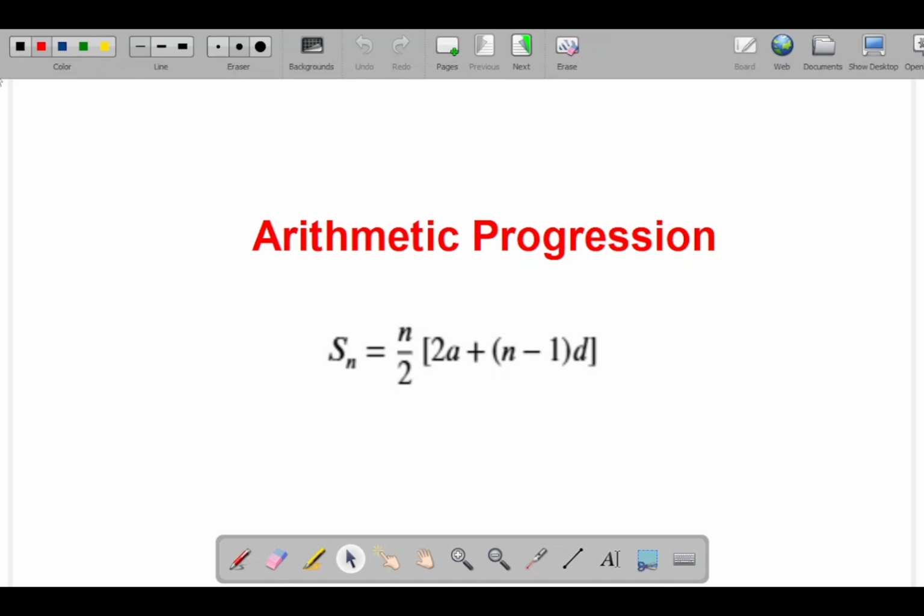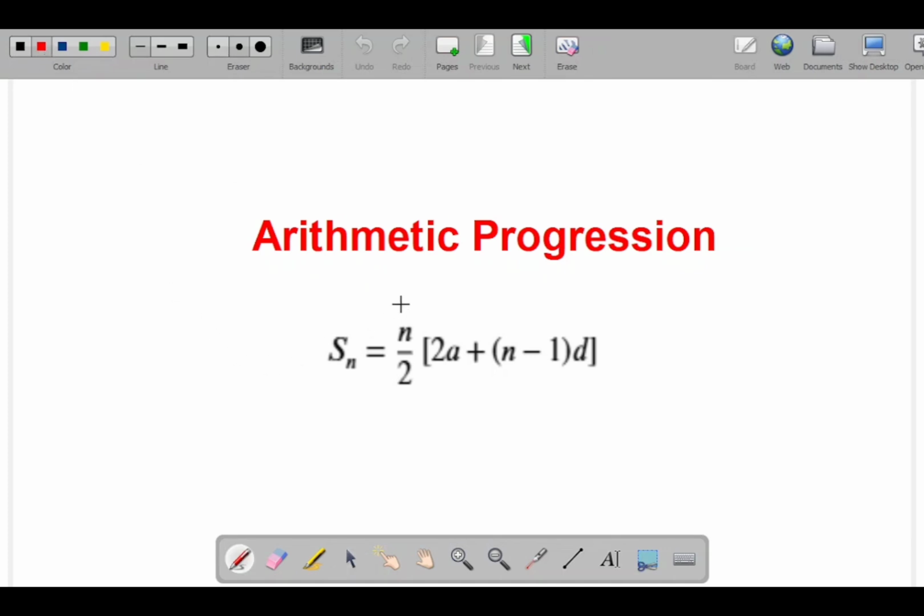In our previous video, we have seen how to calculate the number of terms and how to calculate the nth term in an arithmetic progression. In today's video, we are going to learn how to calculate the sum of terms.